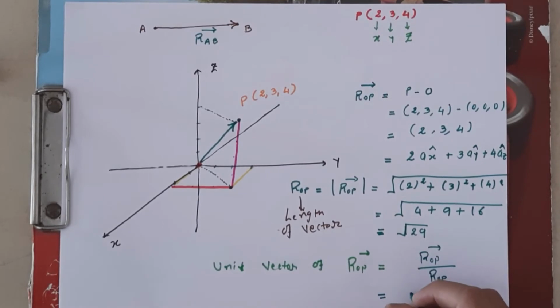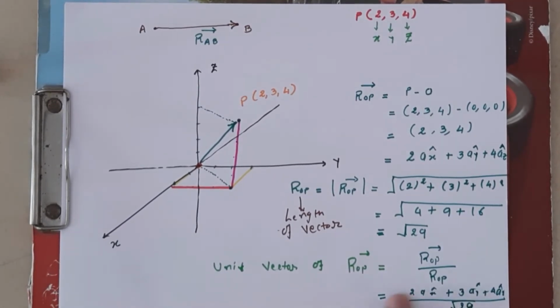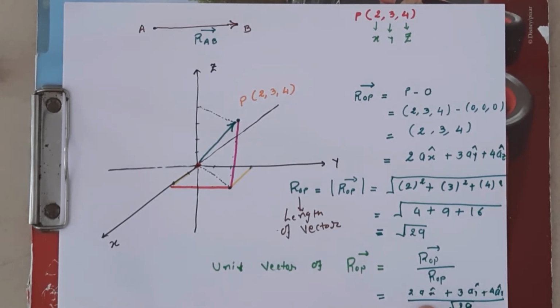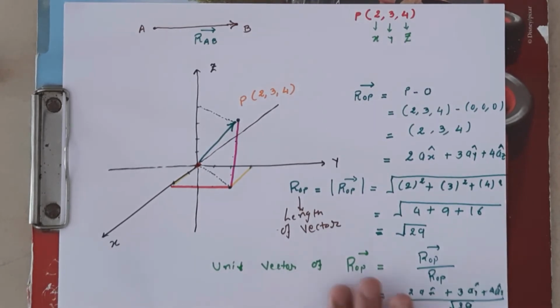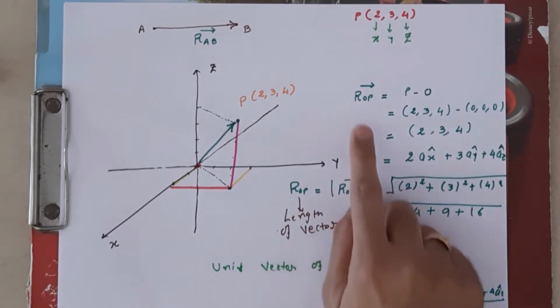The ROP vector is 2ax plus 3ay plus 4az divided by under root of 29. So this one is a unit vector. And what does the unit vector indicate? The unit vector indicates just the direction of that vector quantity. So this is just an example of how to find the magnitude and unit vector of any vector.